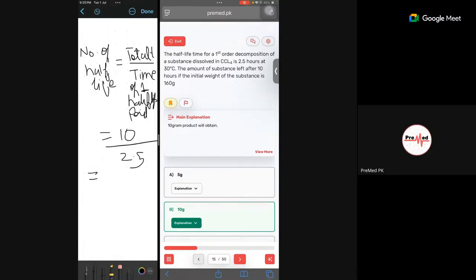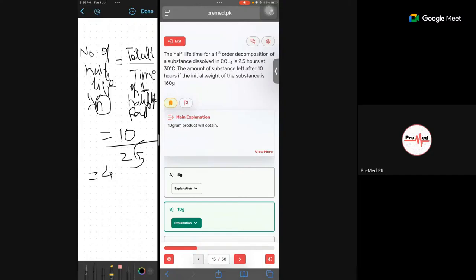Well, if you just remove the point from it, you will simplify it and get the answer 4. Now that we know n, from the number of half-lives we got n. Now from n we will deduce the amount of substance, which was the question.